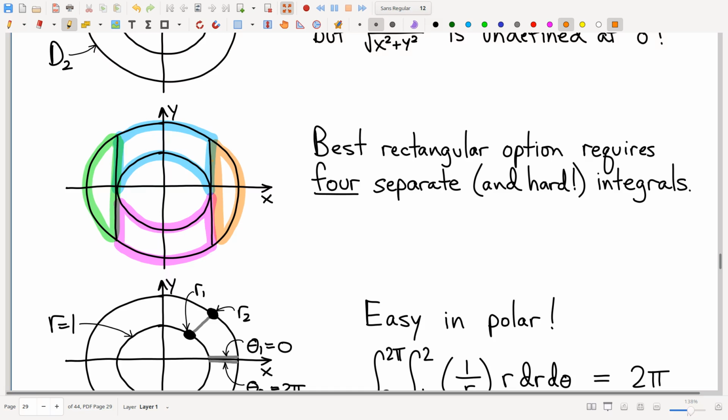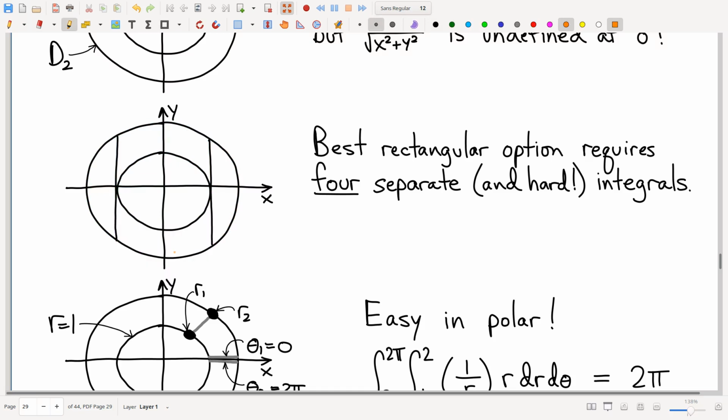And furthermore, if you think about it, each one of these 4 regions has boundary curves that are circles. And circles in rectangular coordinates, when you solve for one of the variables to get your bounds, will always give you square roots. So this isn't just 4 integrals. This is 4 ugly integrals. This is highly undesirable as well.